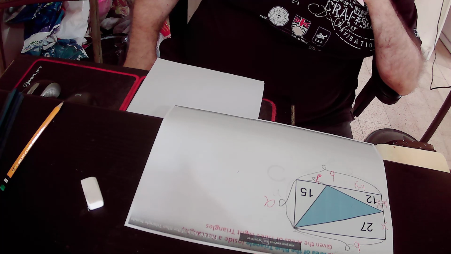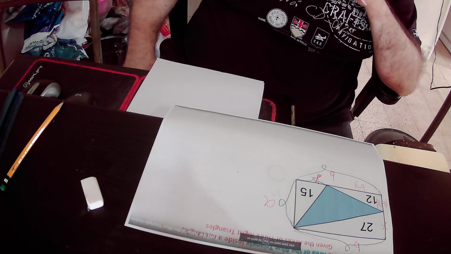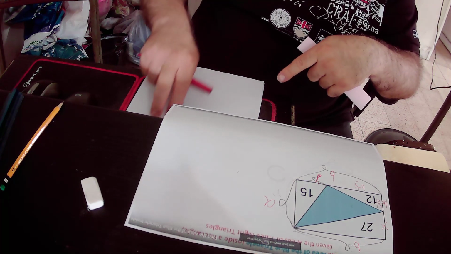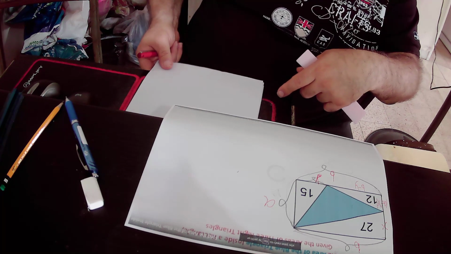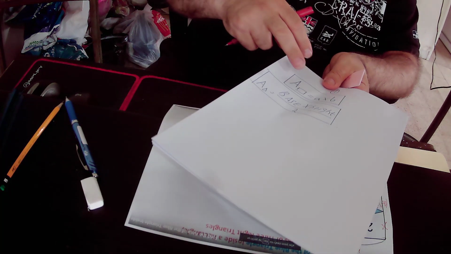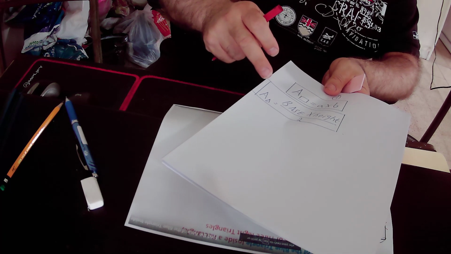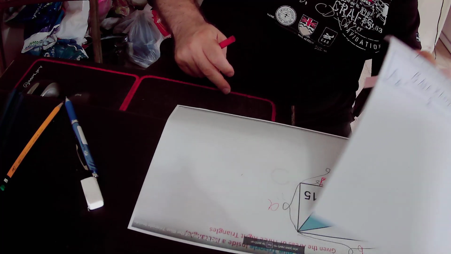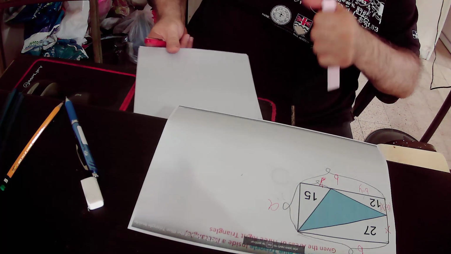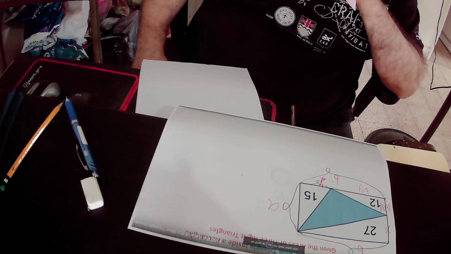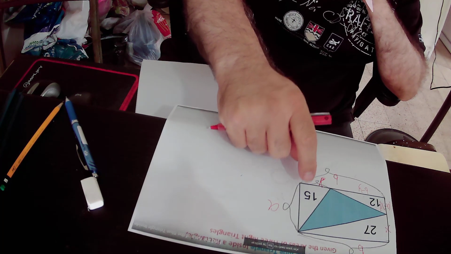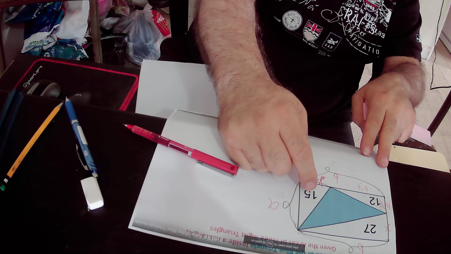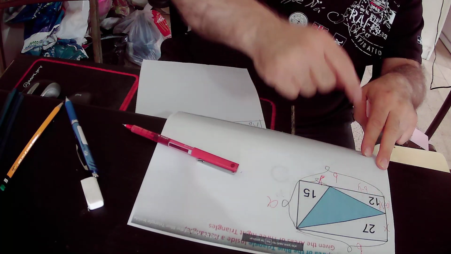Okay, so we will use the formula for the area of a triangle, the base times the height divided by 2, in order to calculate the areas of the three triangles.